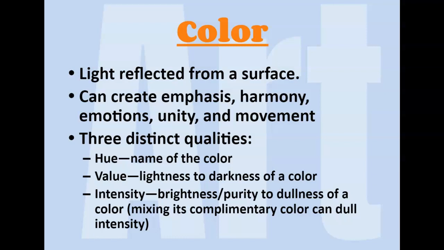Color is light reflected from a surface. Color can create emphasis, harmony, emotions, unity, and movement in a piece of artwork. There are three distinct qualities to color: hue, which is the name of the color; value, which is the lightness to darkness of a color; and intensity, which is the brightness to purity to dullness of a color.